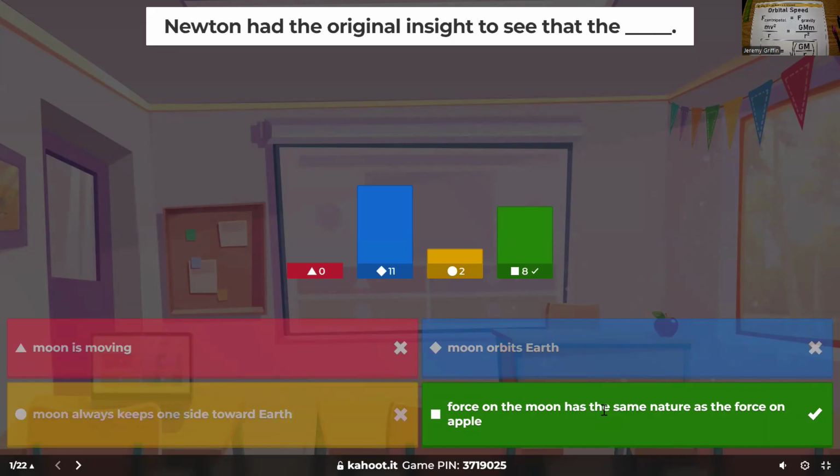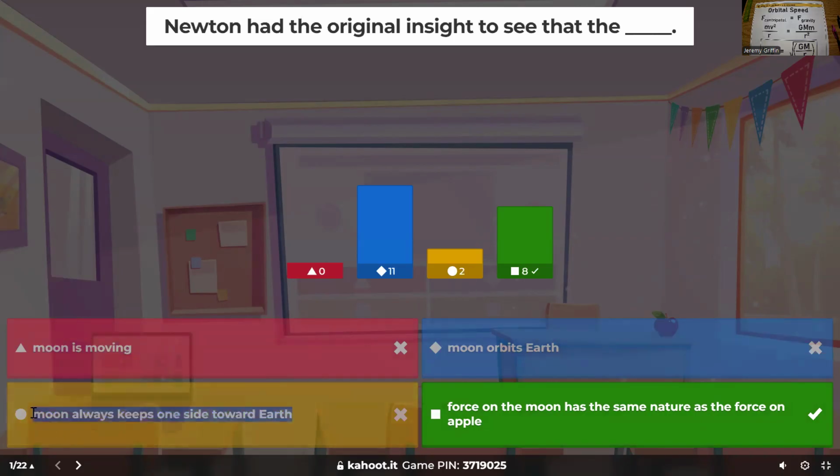Earth pulls down on an apple, the apple falls down. Earth also pulls on the moon. The only reason the moon doesn't fall down is because it's moving so fast to the side, like a tangential velocity. All these other statements are true, but people knew these for thousands of years before Newton. Like the moon is moving and orbiting the Earth. People knew that forever.